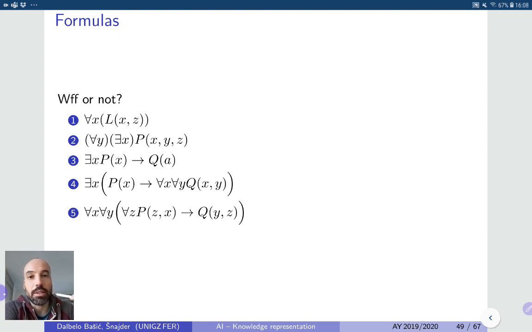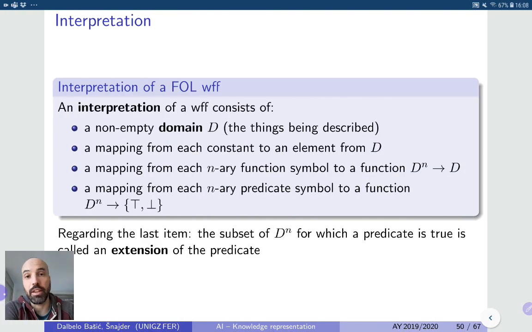And same as with propositional logic, we'll start with the concept of an interpretation. Recall from propositional logic that an interpretation was defined as a function that assigns truth values to the individual atoms or variables occurring in the formula. And we said there are 2 to the power of n possible interpretations.